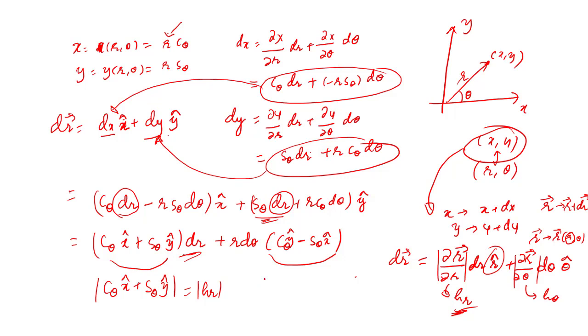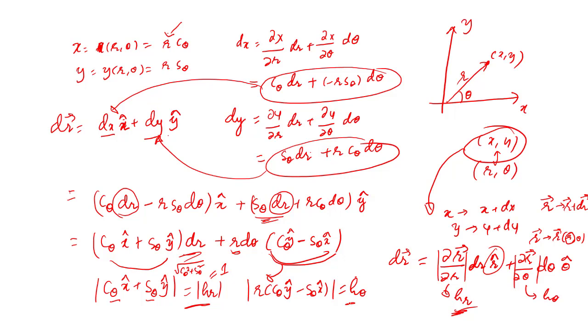So then similarly I can write r times cosine theta y minus sine theta x, the magnitude of this to be h_theta, which is this, right? So we're trying to identify the scale factors here. So then I can write what h_r and h_theta are. You see that it's sine theta and cosine theta. So the magnitude of h_r is simply 1 because it would give you a square root of cosine squared theta plus sine squared theta.